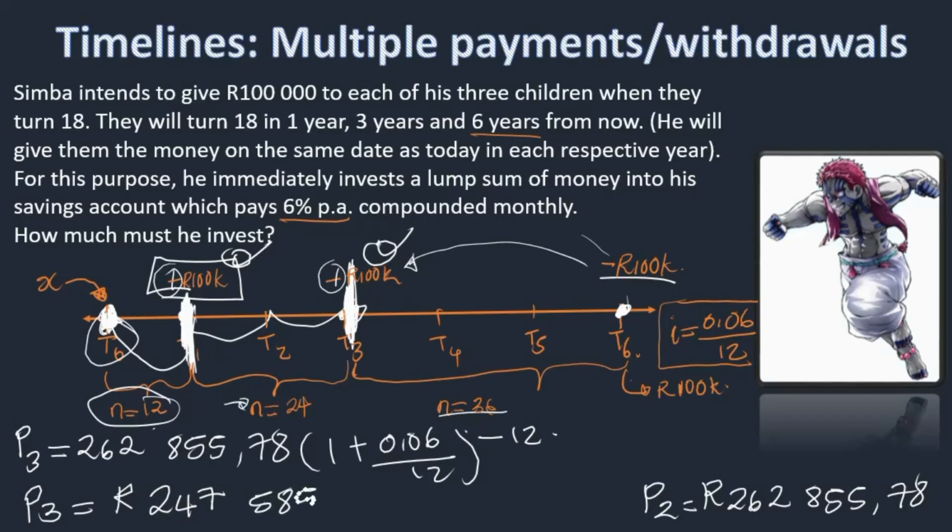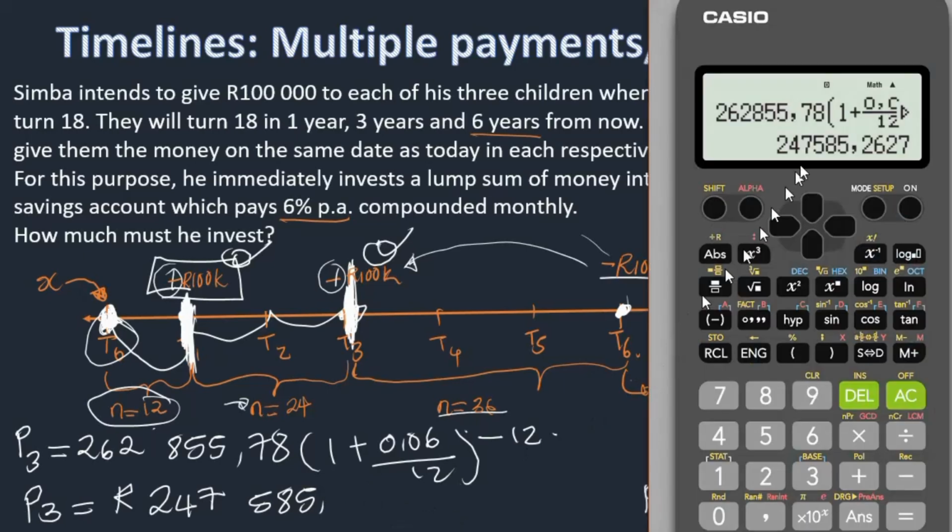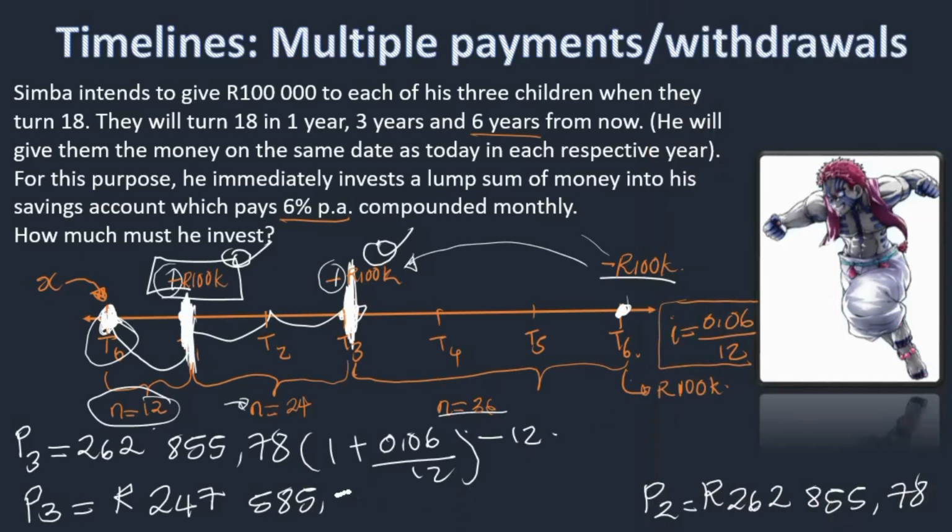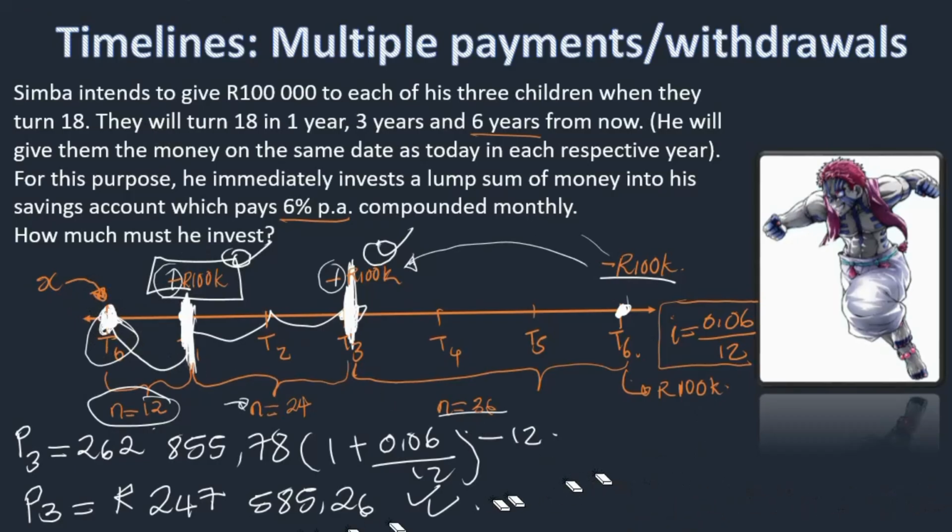247,585.26. There we go. That's the amount of money here in T0. So in T0, we are supposed to have 247,585.26. I took the amount here and counted backwards. Remember, this person was withdrawing when we move forward, which means when we move backwards, it's no longer subtracting 100K, it's now adding 100K.